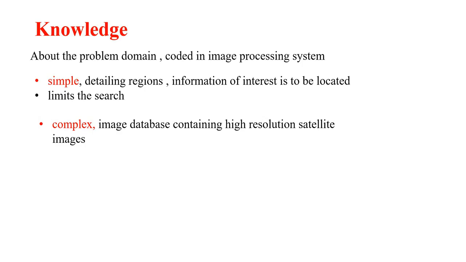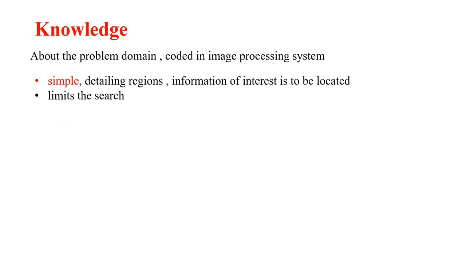Now this knowledge can be complex or it may be simple. Simple knowledge will contain the basic information about the image, such as the detailing regions, information of interest to be located, but it will limit the search. That is one of the disadvantages of simple knowledge.